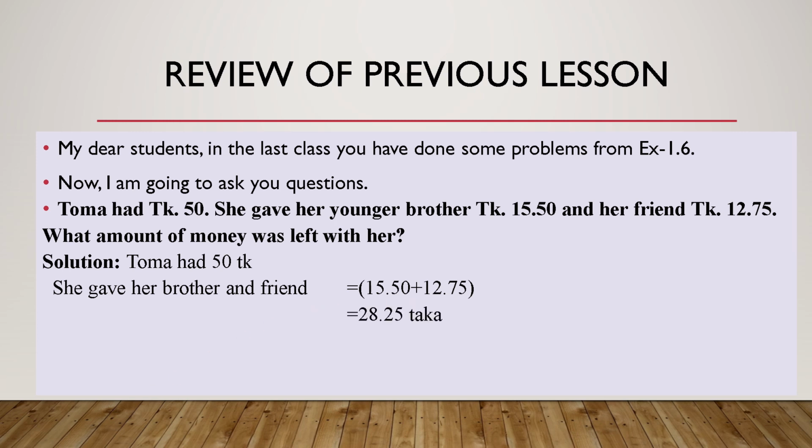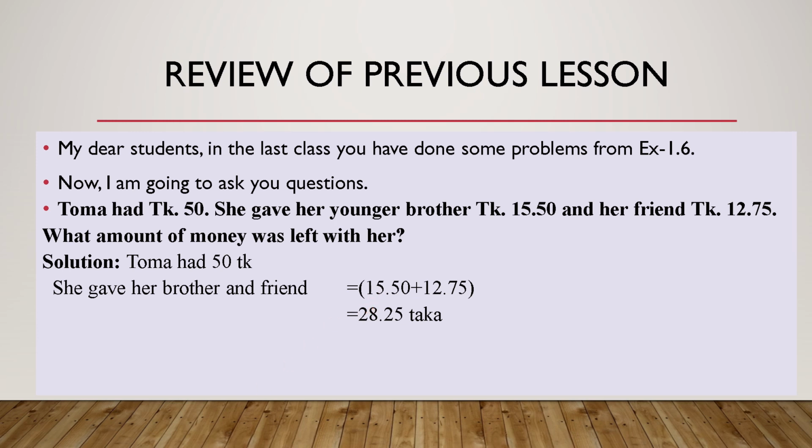Then you can see, if we add them, 5 plus 0 is 5, 7 plus 5 is 12, then we carry 1, 5 plus 2 is 7 plus 1 that is 8, 1 plus 1 is 2.